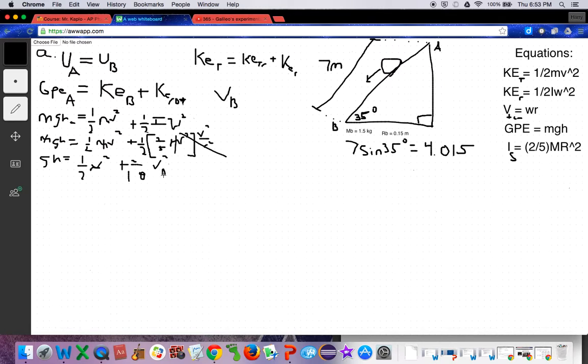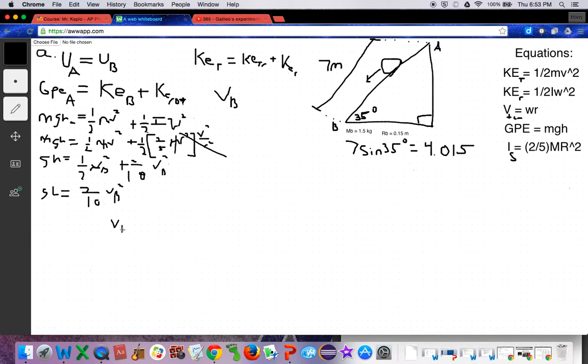This v squared is the same. It's the linear speed at B. When we combine like terms, we get gh is equal to 7/10 times the velocity of B squared.